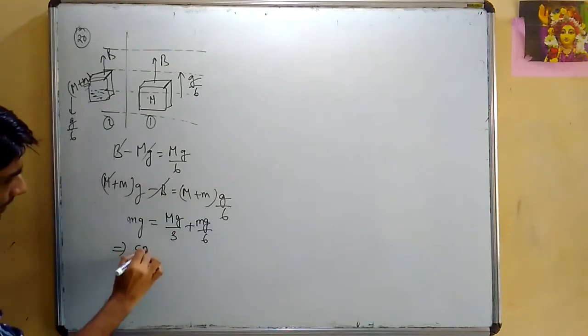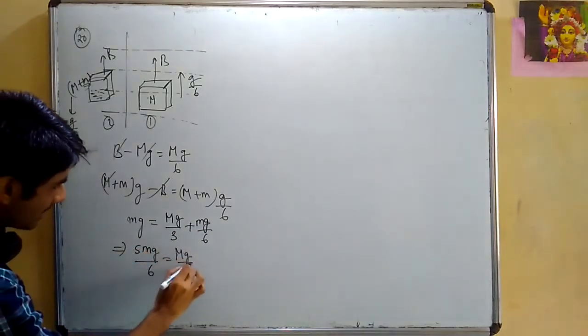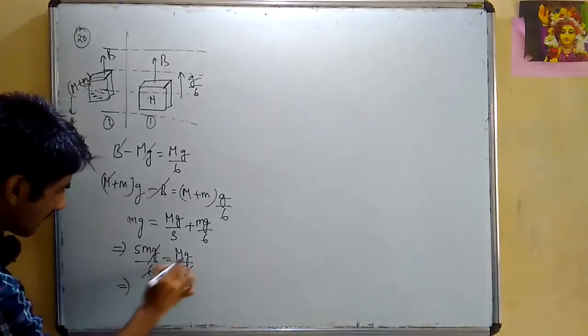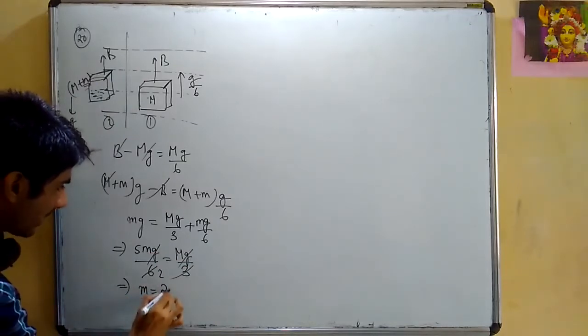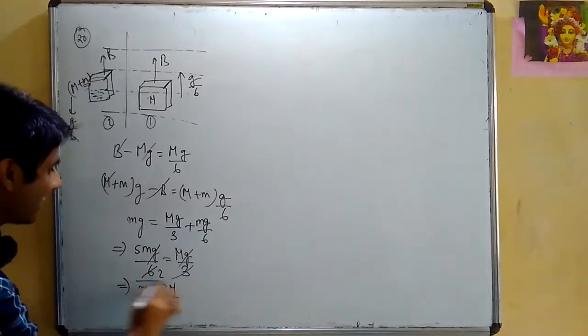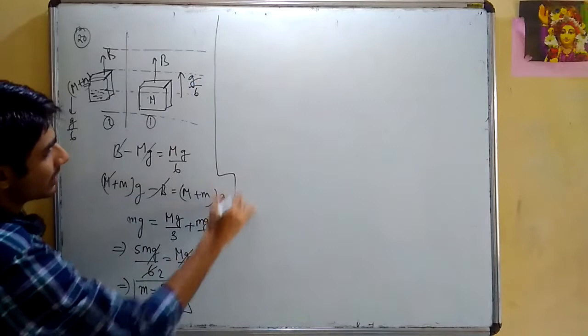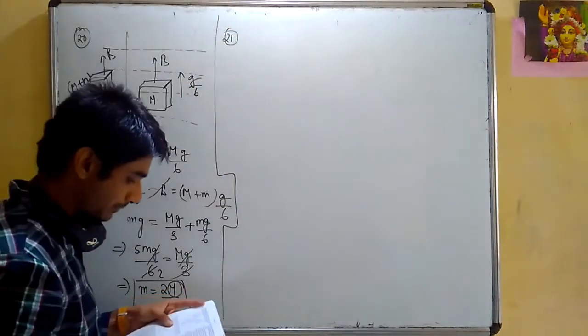This is 5 mg by 6 equals Mg by 3. This implies the value of small m that I was supposed to find out, that is, the mass that was to be added inside the plastic box, will be 2 by 5 times the mass of the plastic box itself. Good question. Now let us come quickly to question number 21.